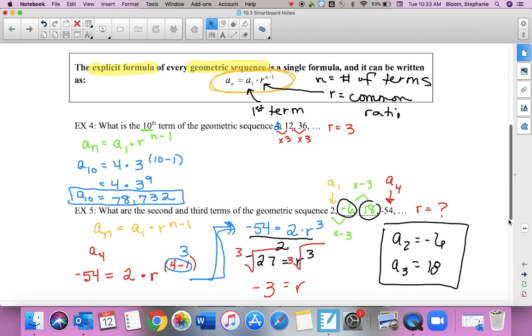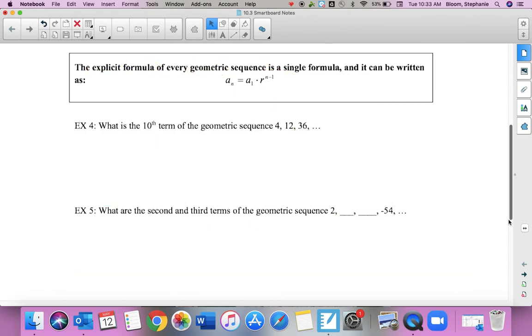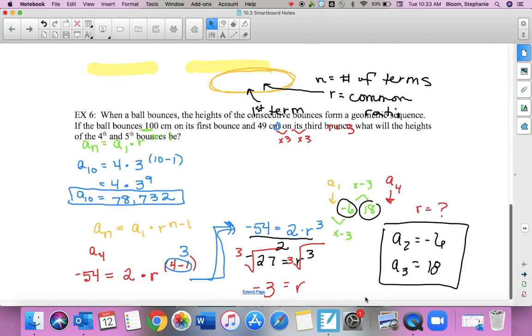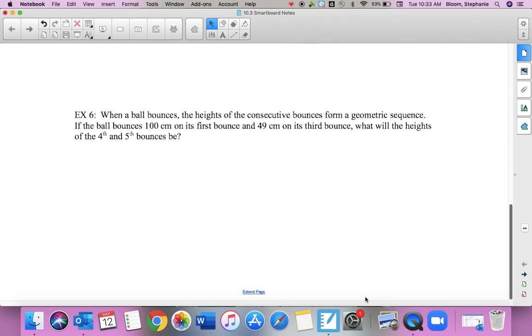Okay, all right, so let's look at this next example here. So this one says, when a ball bounces, the heights of the consecutive bounces form, here's a keyword phrase, geometric sequence.